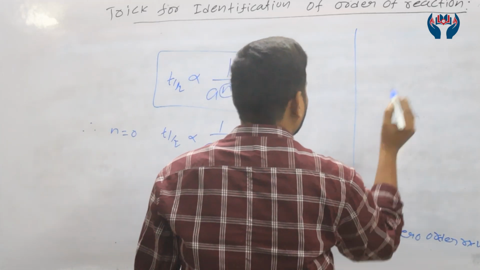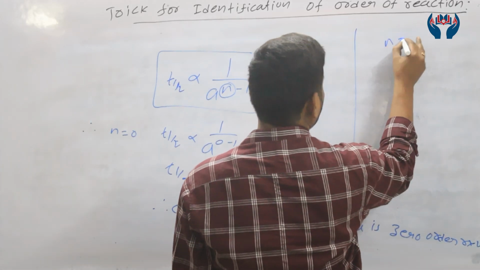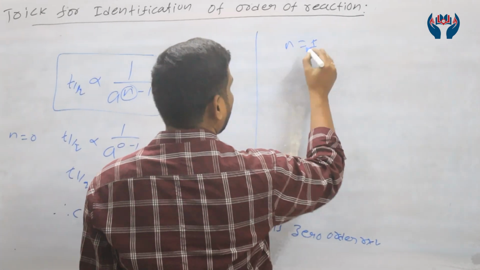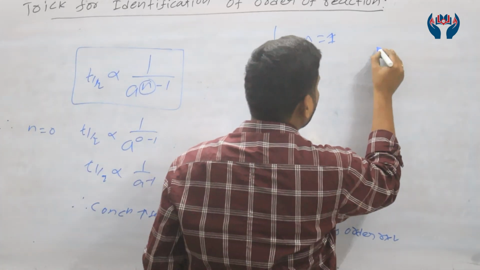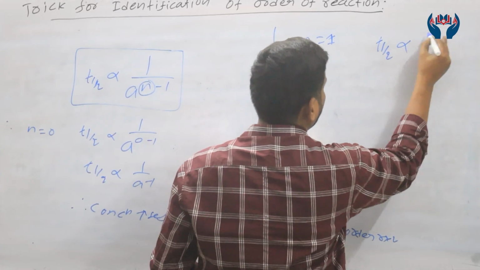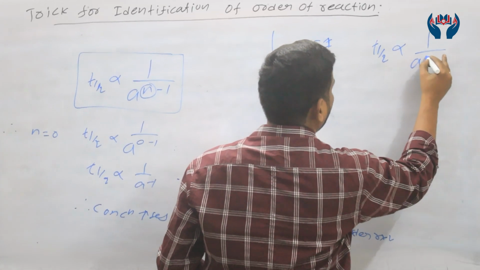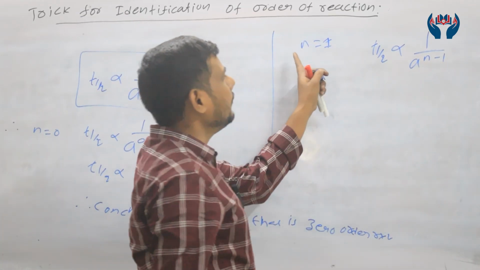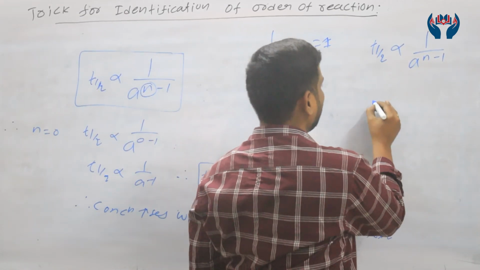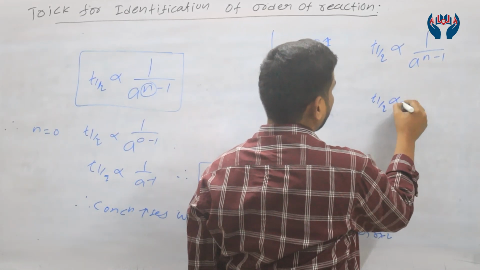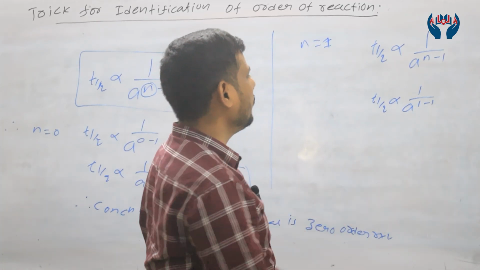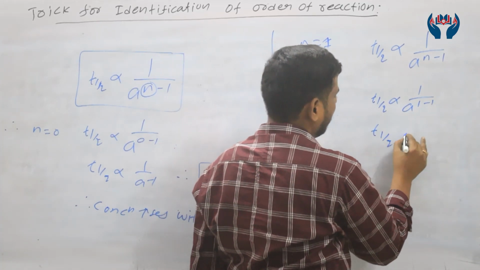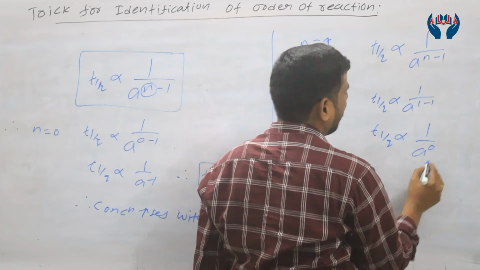Now we calculate for first order reaction, n equals 1. What is the relation between concentration and half-life? The half-life is inversely proportional to a to the power of n minus 1. For first order n equals 1, so 1 minus 1 means 0. Then the half-life is inversely proportional to a power of 0.